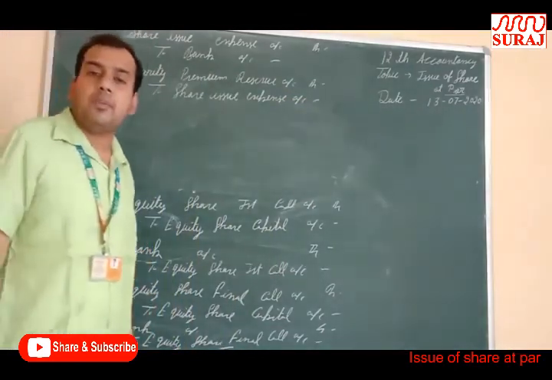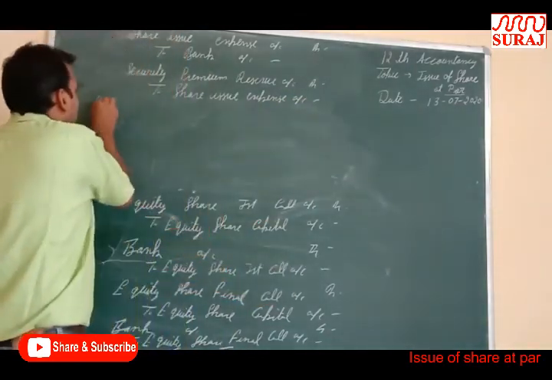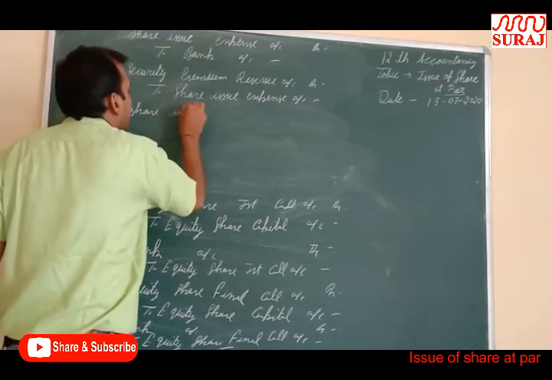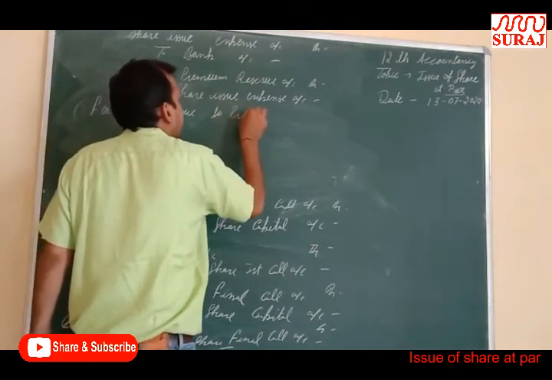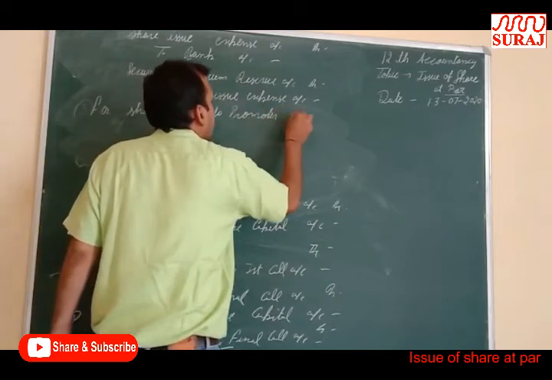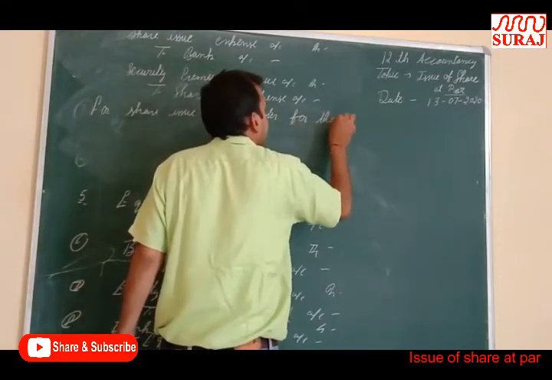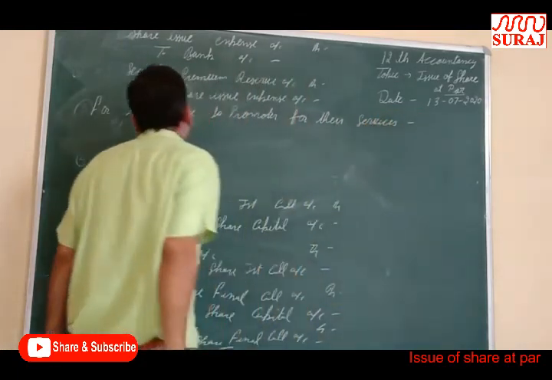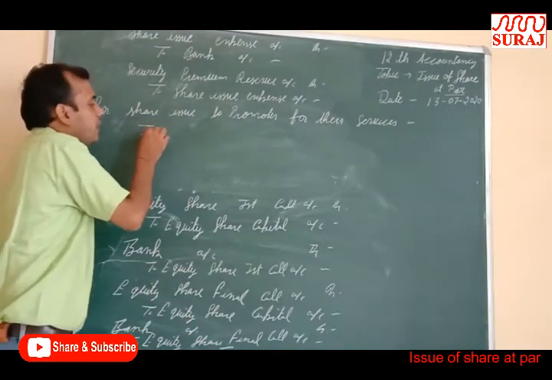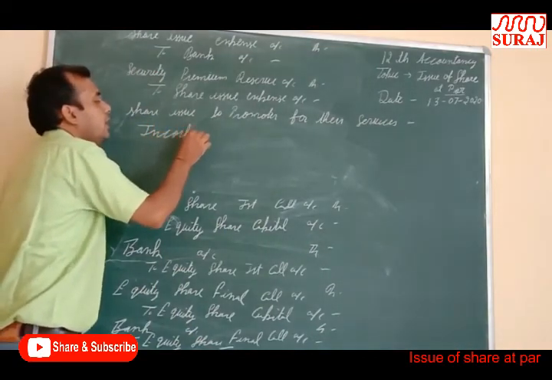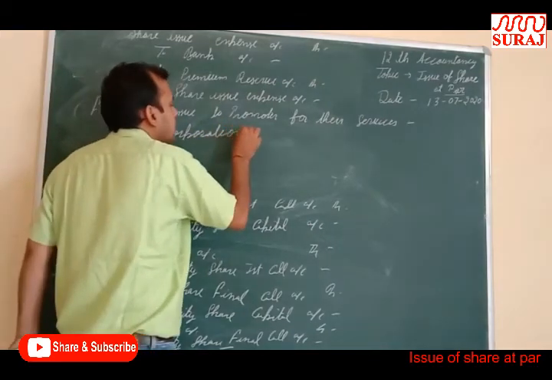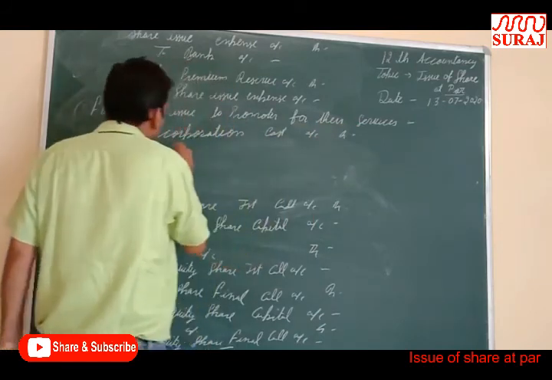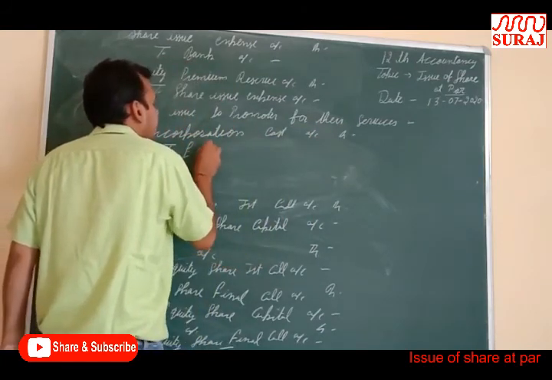If shares are issued to the promoter for their services, then your entry will be passed: incorporation cost account debit to equity share capital account.